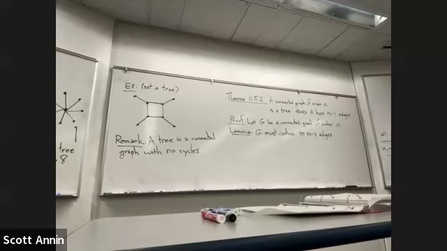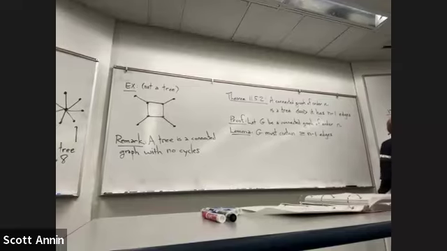So a connected graph. I'm not even talking about a tree yet. I'm just talking about any connected graph. Maybe over in the margin of your notes, if you want a little running example, you just pick a value of n, start off with 5 dots.